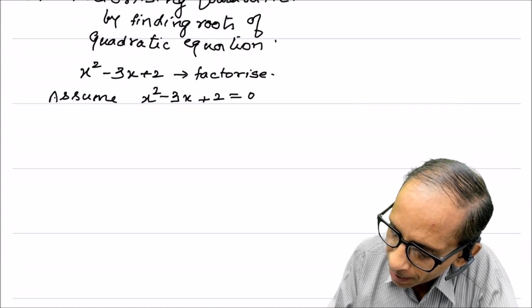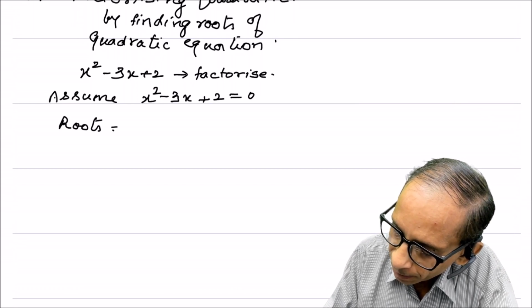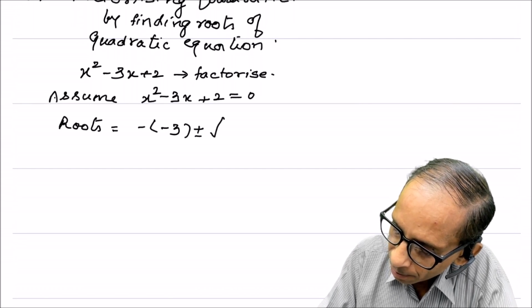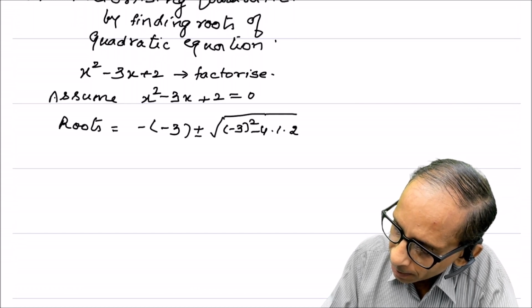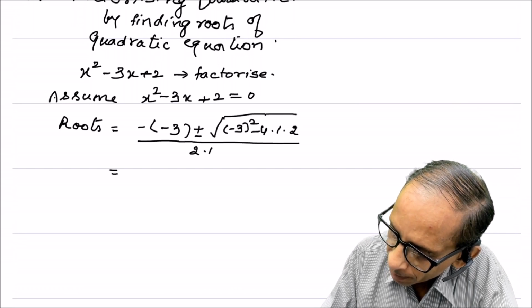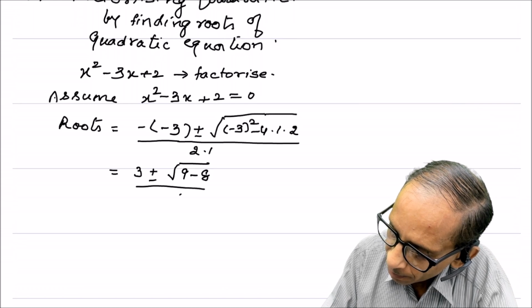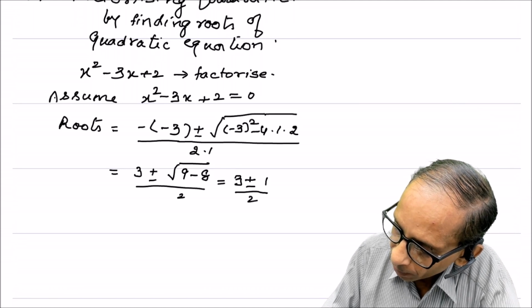When we are assuming that it is equal to 0, the roots of the quadratic will be minus b plus minus root of b square minus 4ac upon 2 times a, that becomes 3 plus or minus root of 9 minus 8 by 2, 3 plus or minus 1 divided by 2.